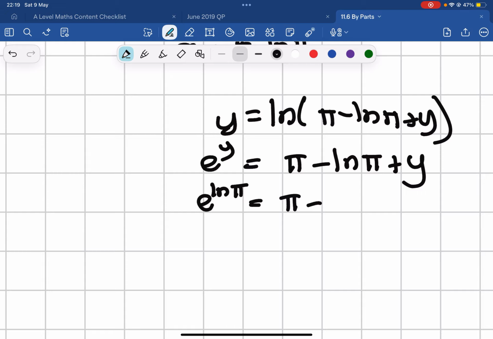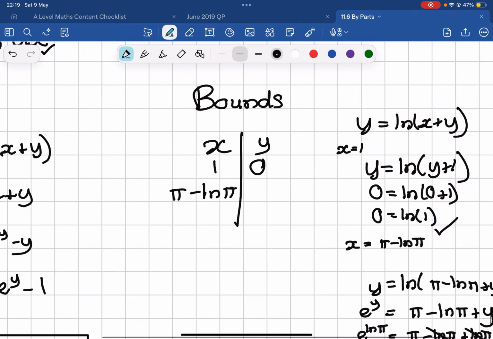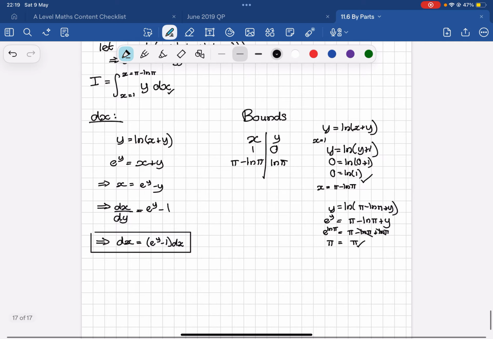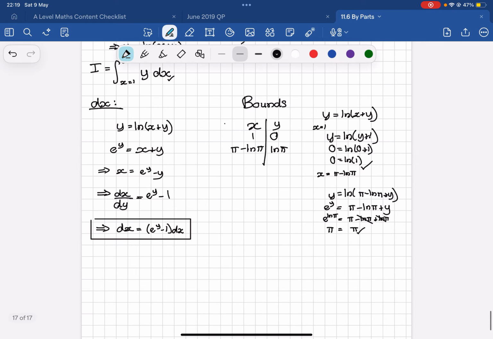We put that in, minus ln pi plus ln pi, this becomes pi, they cancel, and that checks out. So y equals ln pi. Now, that's our bounds adjusted, so let's put a box around that.